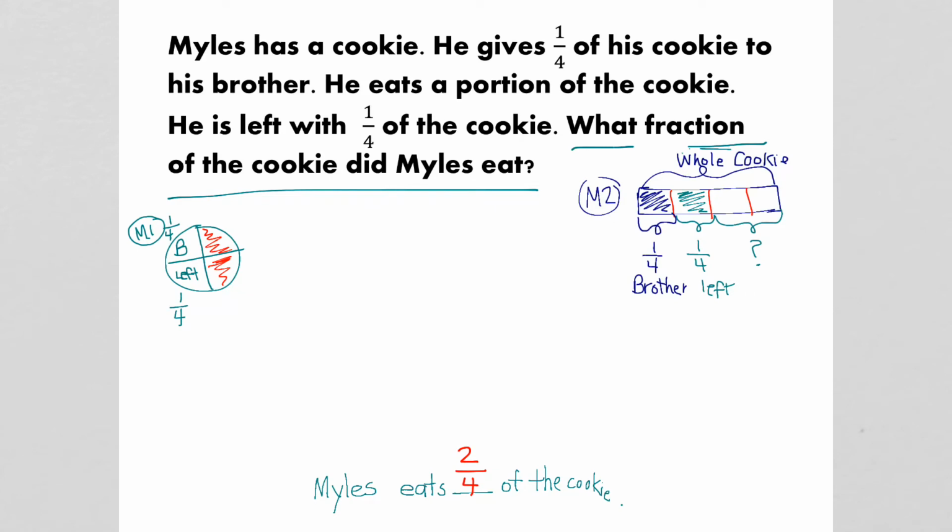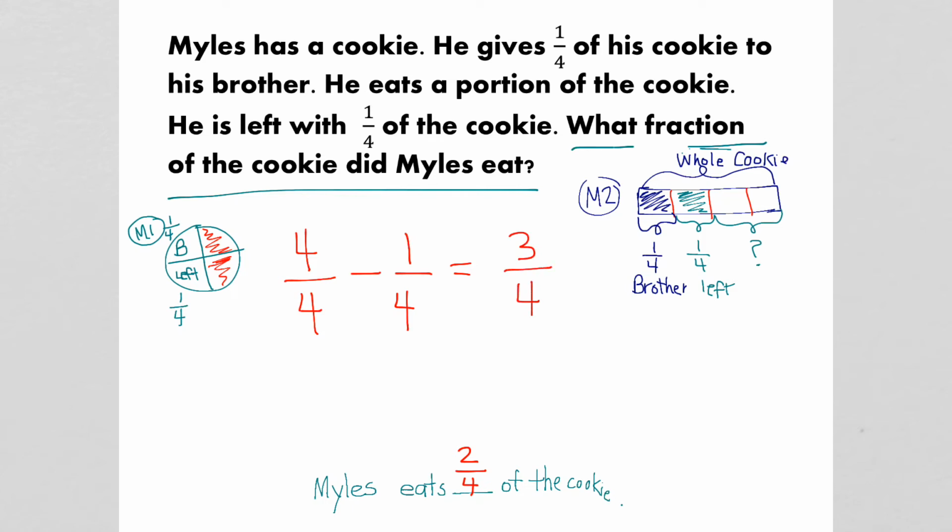So our equation, you can actually do it 2 ways. You can start with 4/4. You can take away the 1/4 for the brother, which would give you 3/4.